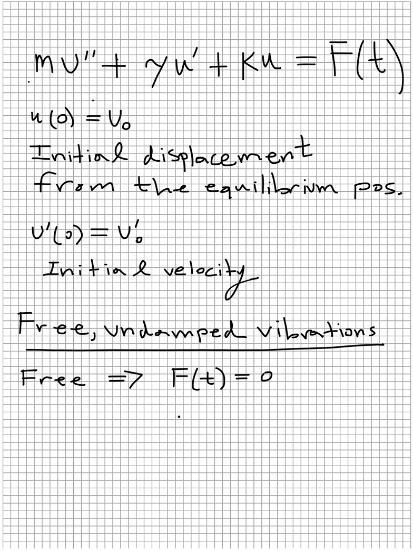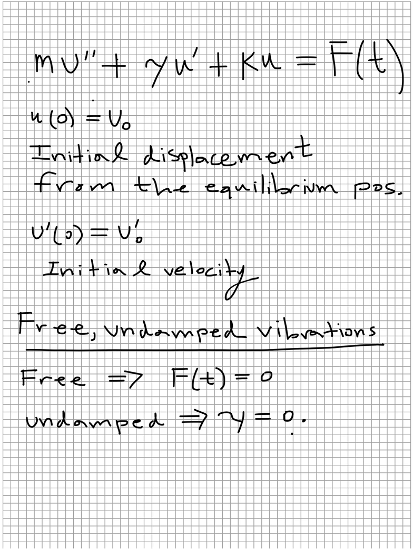And undamped, as you could probably guess, implies that the constant gamma is set equal to 0. So free undamped vibrations refers to the case where capital F of t is set equal to 0, and gamma, the constant, is set equal to 0.